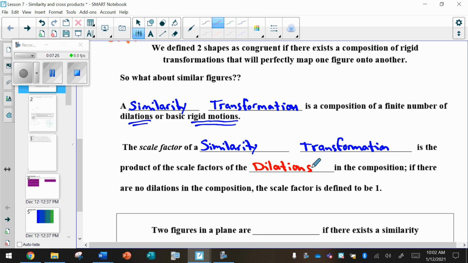And we talked about this in one of the other lessons. If you do more than one dilation, one after the other, then the overall change in size comes from multiplying each of the different scale factors that were used.